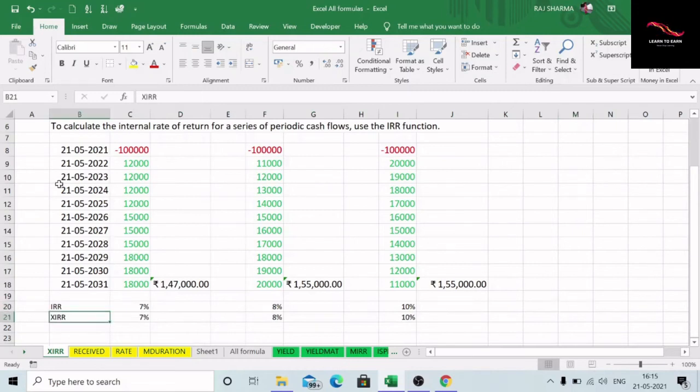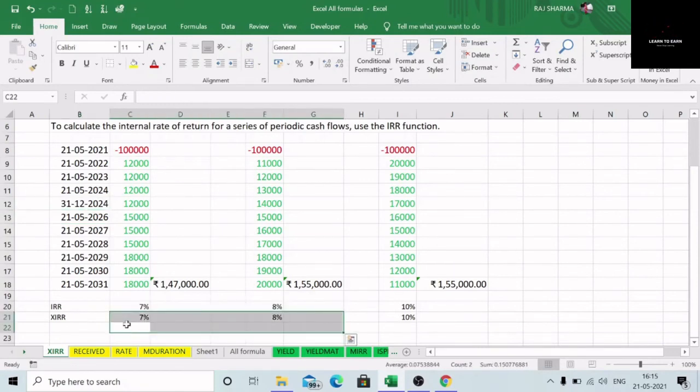But where the difference is: here you can see all the cash flows are at regular yearly intervals. Now if I change some cash flow in between, let us say instead of 21st May 2025, this cash flow is going to come on 31st of December 2024 itself. Then what is the value?